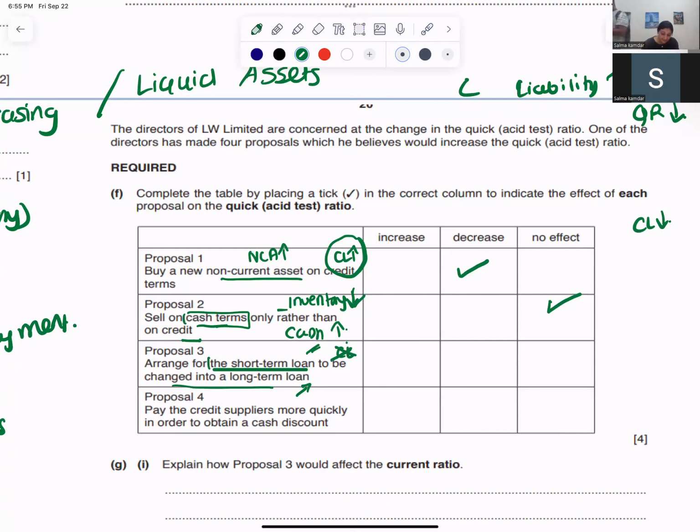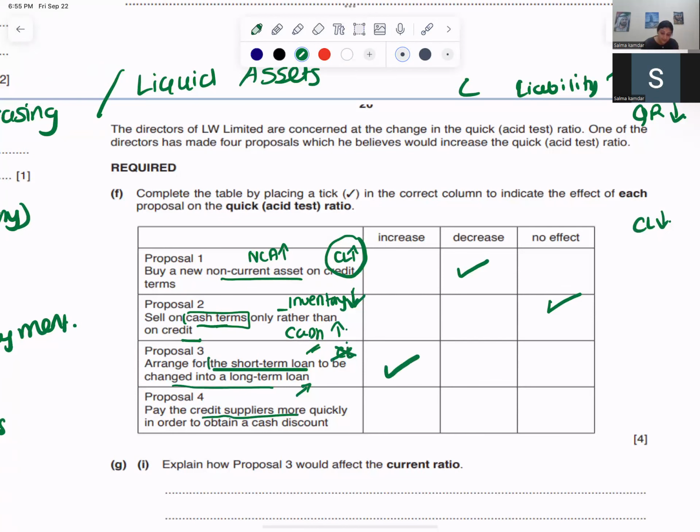Pay the credit suppliers more quickly in order to obtain cash discount. Current liability is reducing, quick ratio will increase. So this proposal will increase the quick ratio.